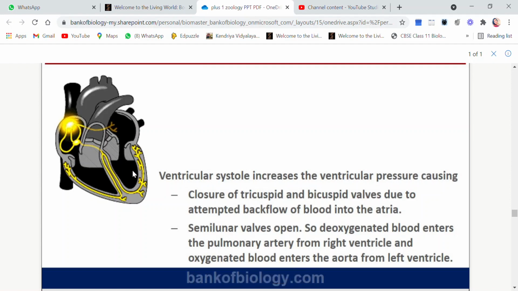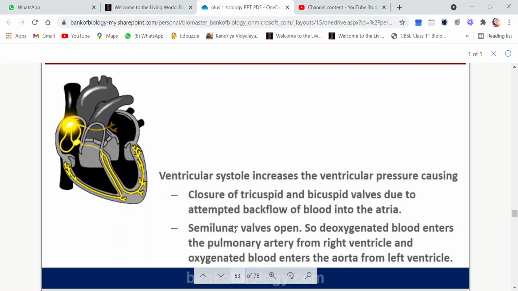But another set of valves is open, the valves called semilunar valves. These valves are in between the right ventricle and pulmonary artery, and the left ventricle and aorta.